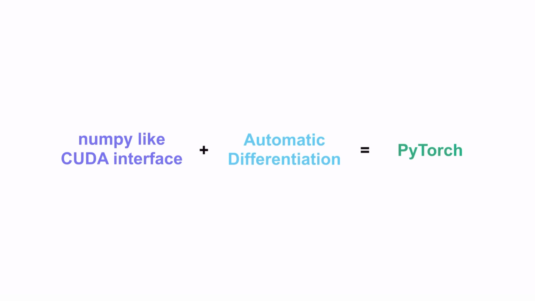And PyTorch does this through a nice NumPy-like interface to GPUs. It started off as an interface to NVIDIA GPUs and the CUDA library. It has since broadened to many more devices, but at its core, PyTorch lets you run linear algebra operations on a GPU, and it also provides what's called automatic differentiation.